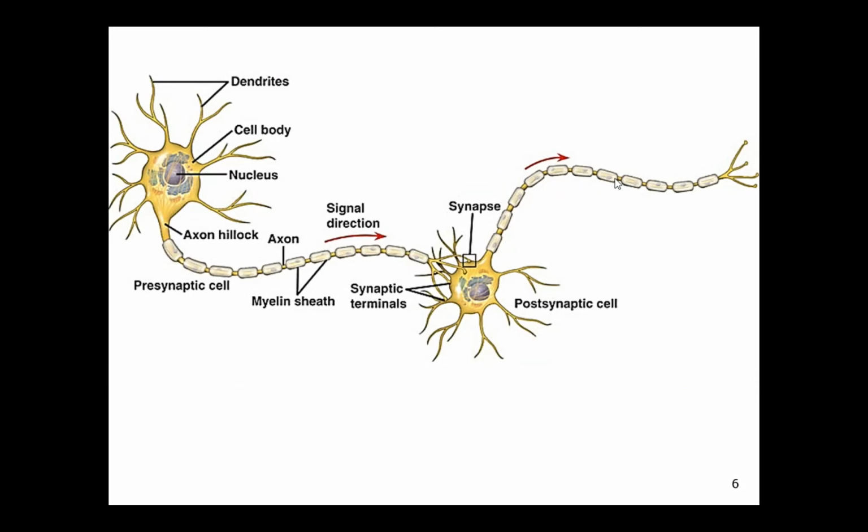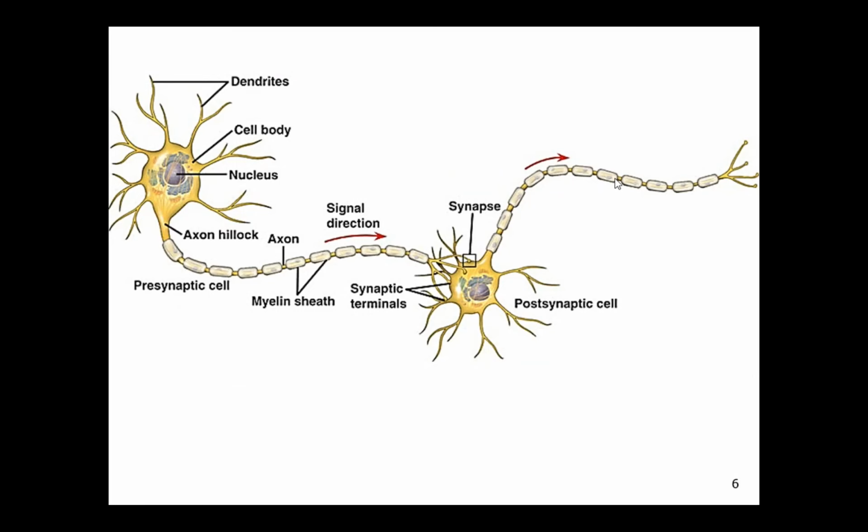Then we have the cell body, the nucleus, and then we have the axon. From the axon, we get connected to the dendrites of the next neuron. Okay, so dendrites provide the incoming information, the nucleus processes it, and the output is provided to the axon. So the axon will provide the data to the subsequent dendrites of the next neurons.